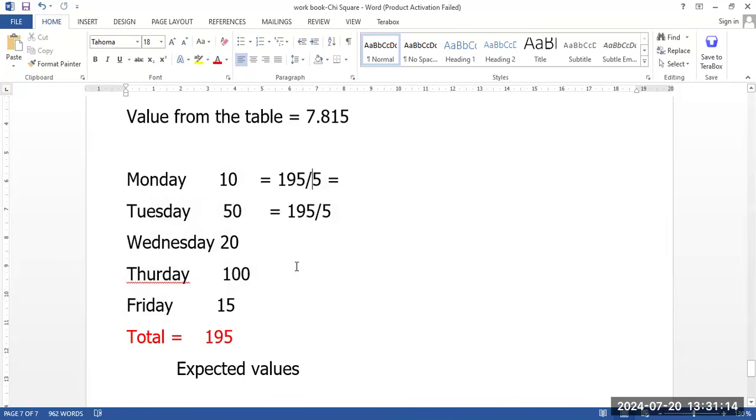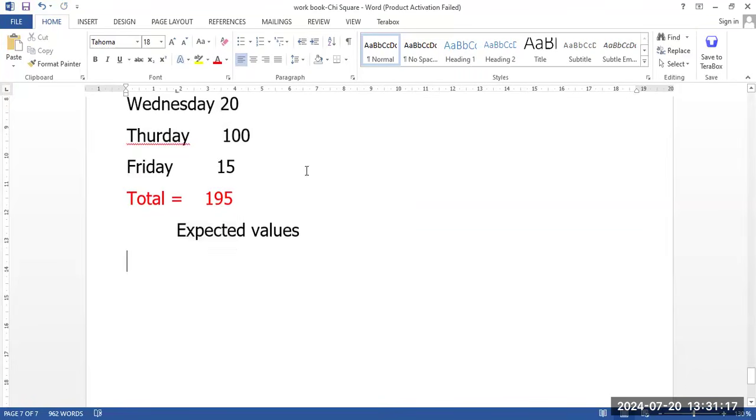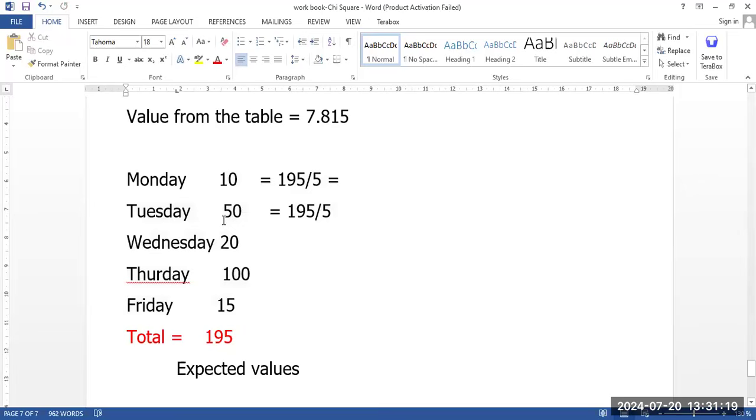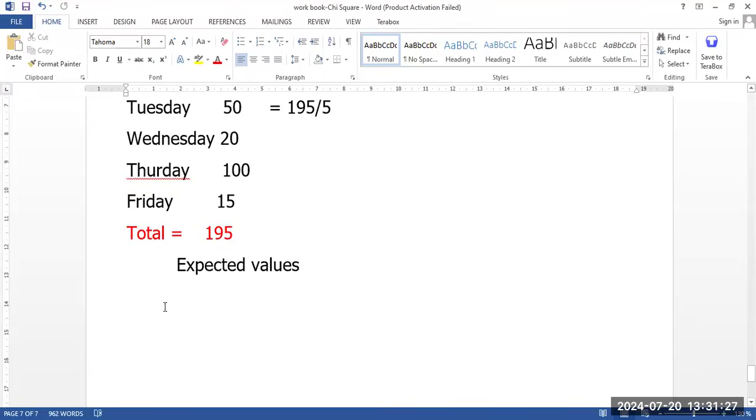Are we together? Then once you get the expected values here, and you have observed values here, you can be in a position to get the computed value.